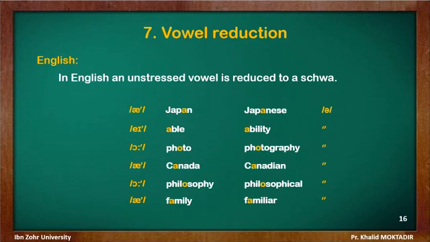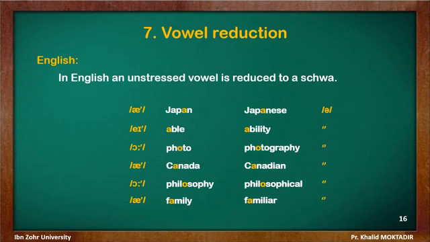The vowel a in able, when it is stressed, it's a. When it is unstressed, it's a schwa, in ability. The vowel o in photo becomes the schwa when it is unstressed in photography. The vowel a in Canada becomes the schwa in Canadian.